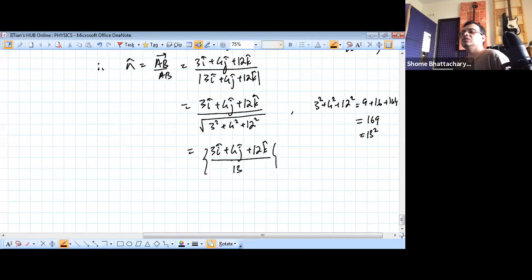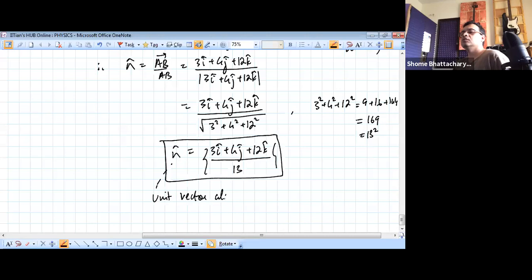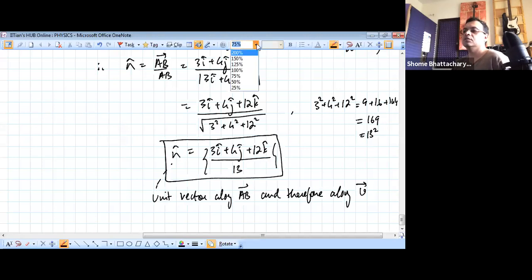Okay, so this is the unit vector along EB, and therefore along our velocity vector, because the velocity is along that line AB.